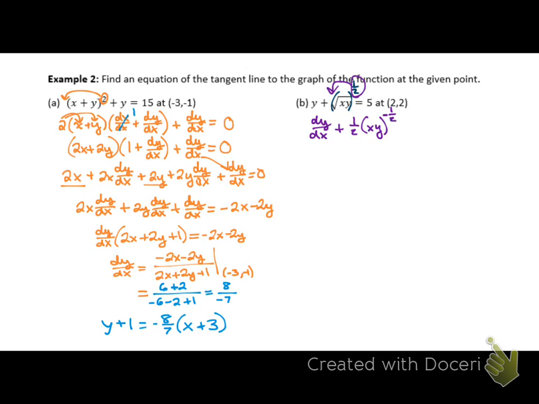We still subtract 1 times the derivative of the inside. This is product rule, so we have the first times the derivative of y plus the second times the derivative of x. And that equals 0 because the derivative of a number is just 0. dx/dx is 1. That's helpful.